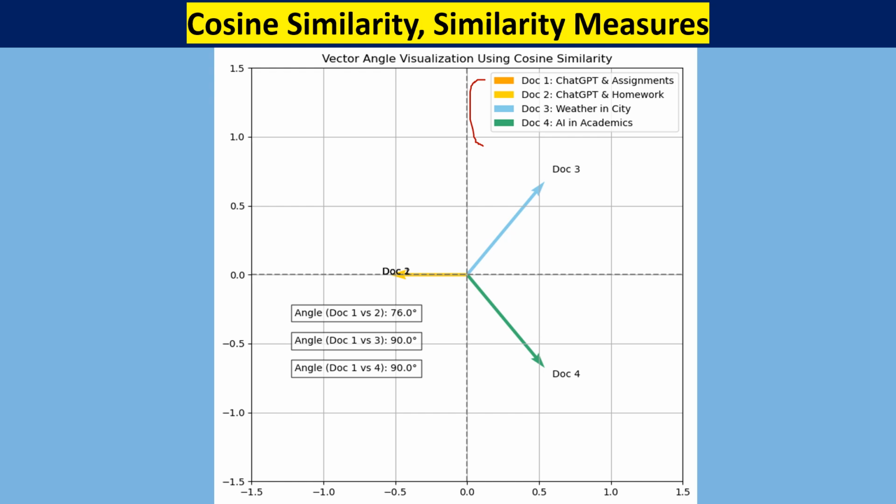Angles in degrees are printed between doc 1 and each of the other docs. Doc 1 and doc 2 are semantically similar; both are about students using ChatGPT in academic work. Doc 3 is about the weather, and doc 4 is about AI in an academic setup. They do not overlap with the rest, especially doc 3.